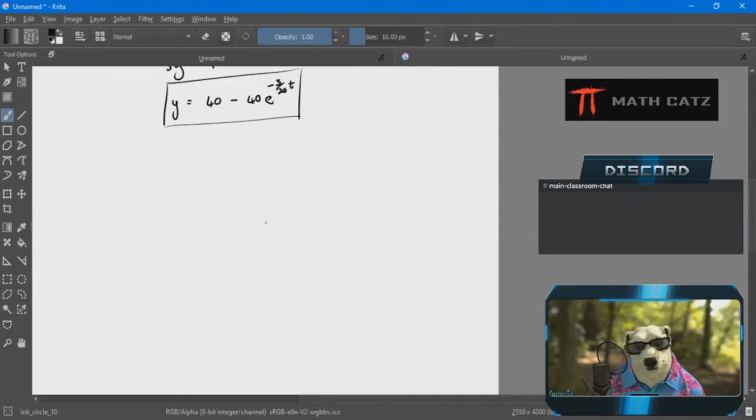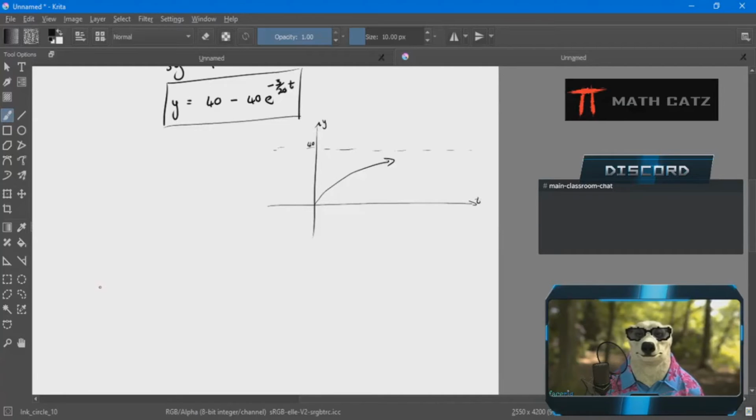And you see that our salt is going to increase over time, but it's going to cap out at this 40 mark, starting at 0 in this case, going up to our 40.